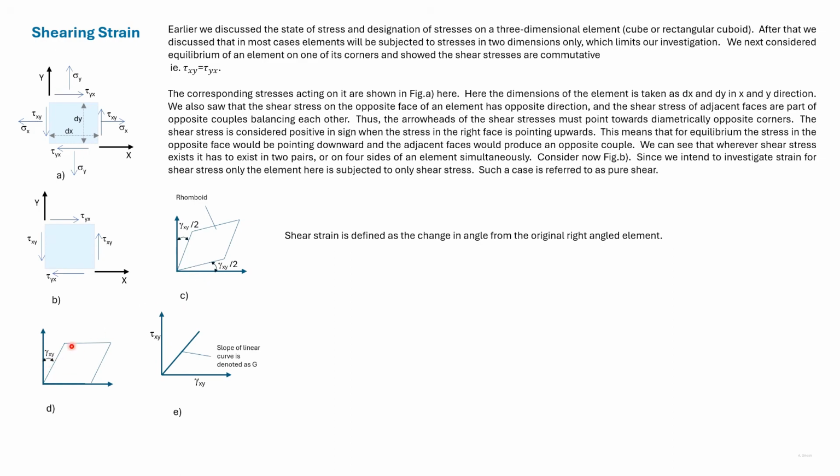We earlier discussed that the normal stress strain curve is linear under low loads. Similarly, the shear stress and shear strain curve is linear under low loads. The slope of the curve is denoted by G. G is the modulus of rigidity and is a material constant.